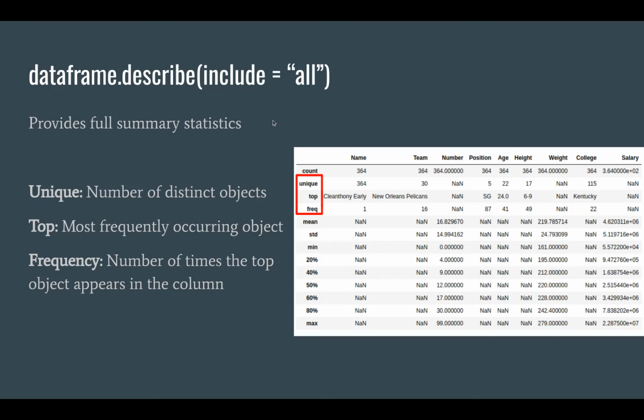So some values in the table are shown here as NaN, not a number, which you will see here and in weight. This is because that particular statistical metric cannot be calculated for that specific column data type.